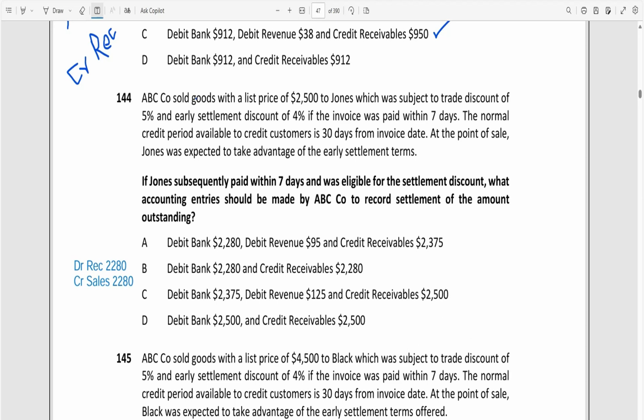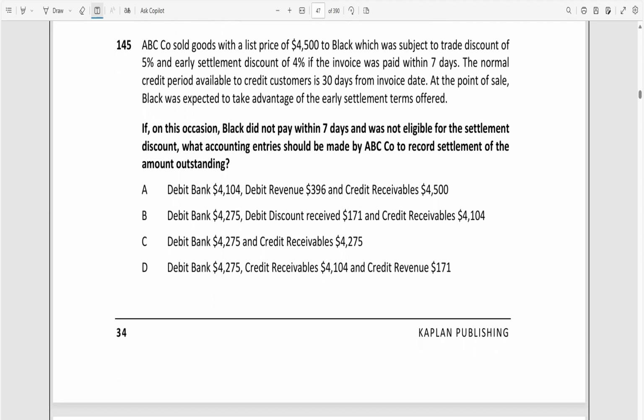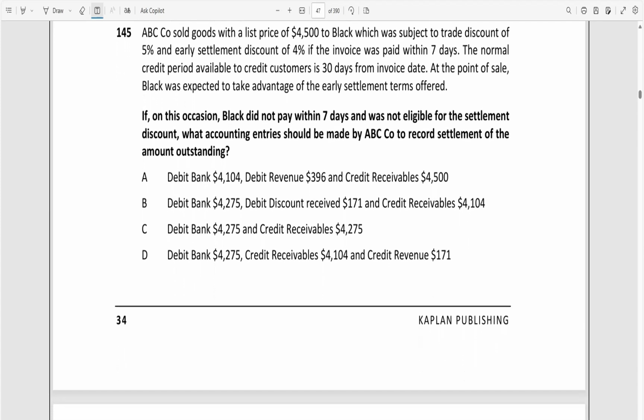Okay, so moving to the next question, which is 145. The question says ABC company sold goods at the list price of 4500 to Black, which was subject to a trade discount of 5% and an early settlement discount of 4% if the invoice was paid within 7 days. The normal credit period available to the credit customer is 30 days from the invoice date, and at the point of sale Black was expected to take advantage of the early settlement terms offered.